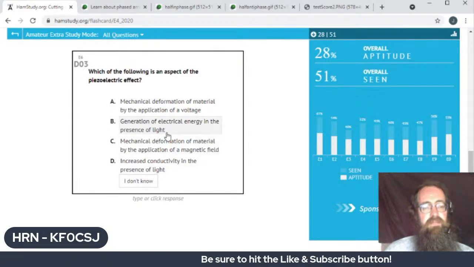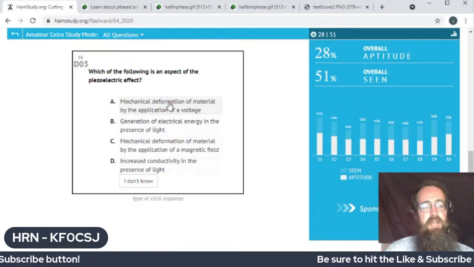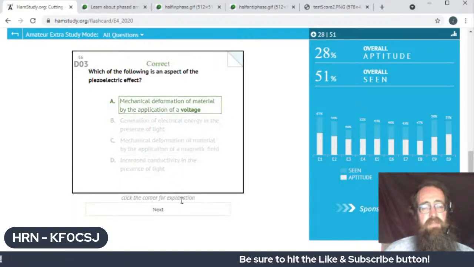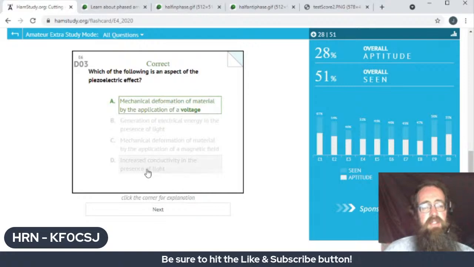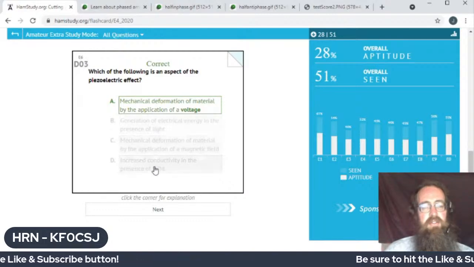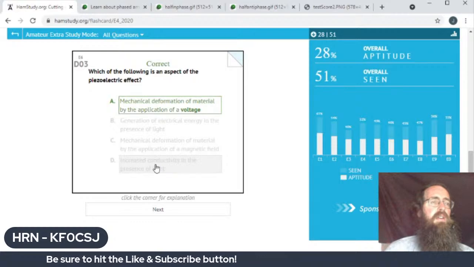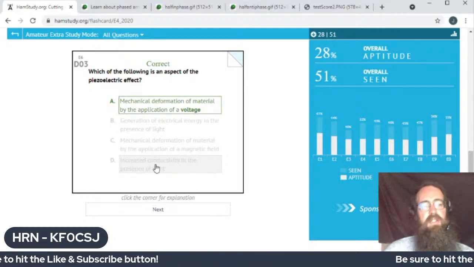And yeah, I'm going with deformation because of the application of voltage. Yep. If it was the ones that are light and electricity, B and D are photoelectric and photovoltaic.